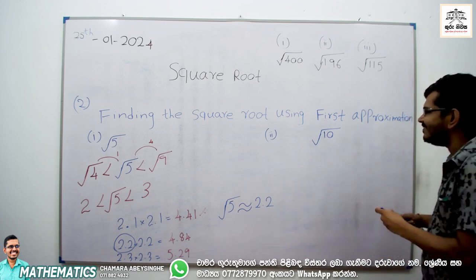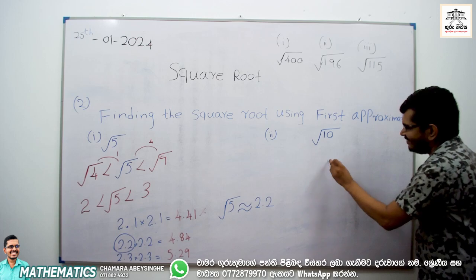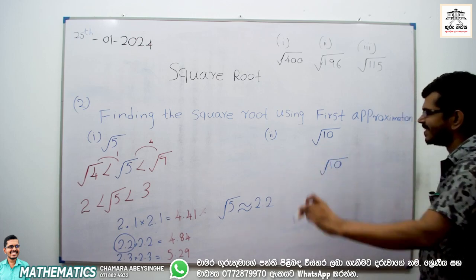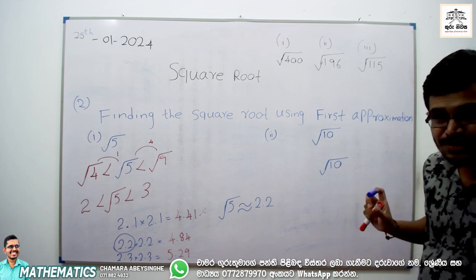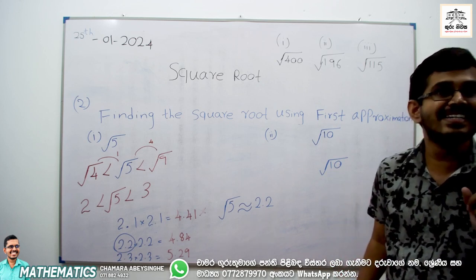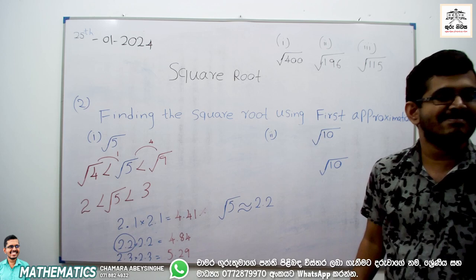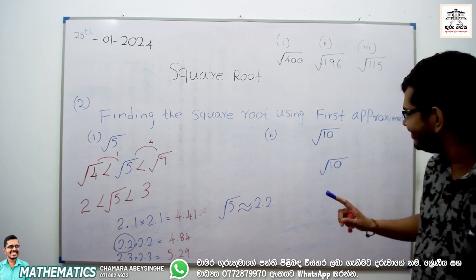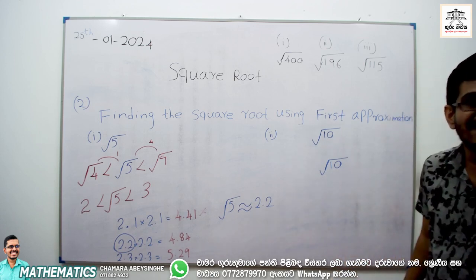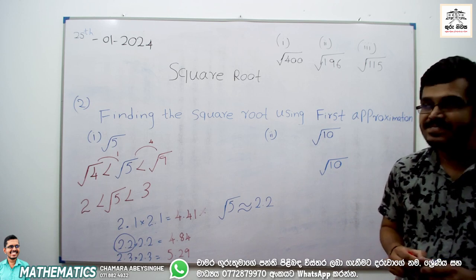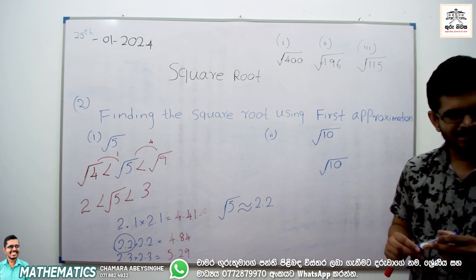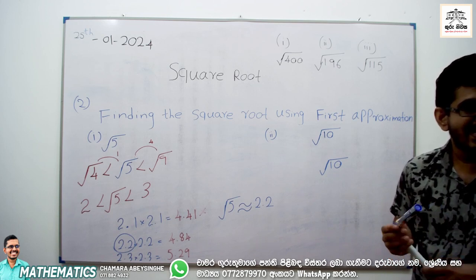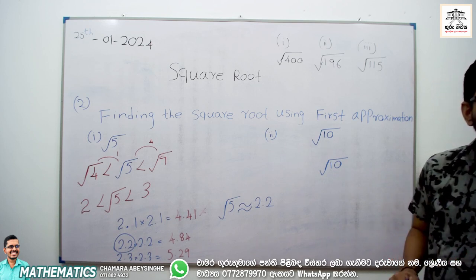Okay. And the first step is, first tell me, what is the nearest perfect square less than 10? What is the nearest perfect square number less than 10? Yes? 9.